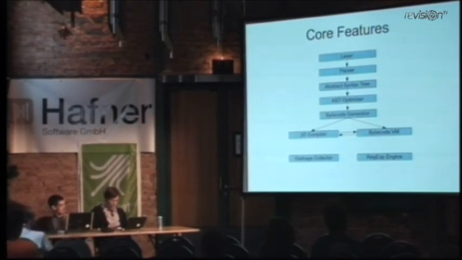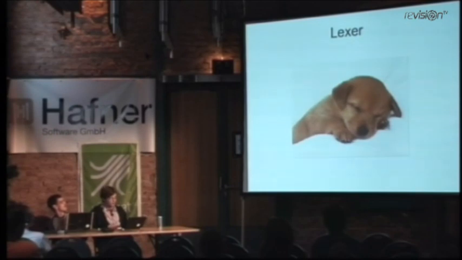I'm not sure if I'm going to talk about this too, but let's go to the lexer. Cute puppy. It's a simple handwritten lexer from left to right, top to bottom. It takes any charset source text as input. Everything is UTF-8 internally. Lookup of keywords is done per binary search in a linear sorted string array.